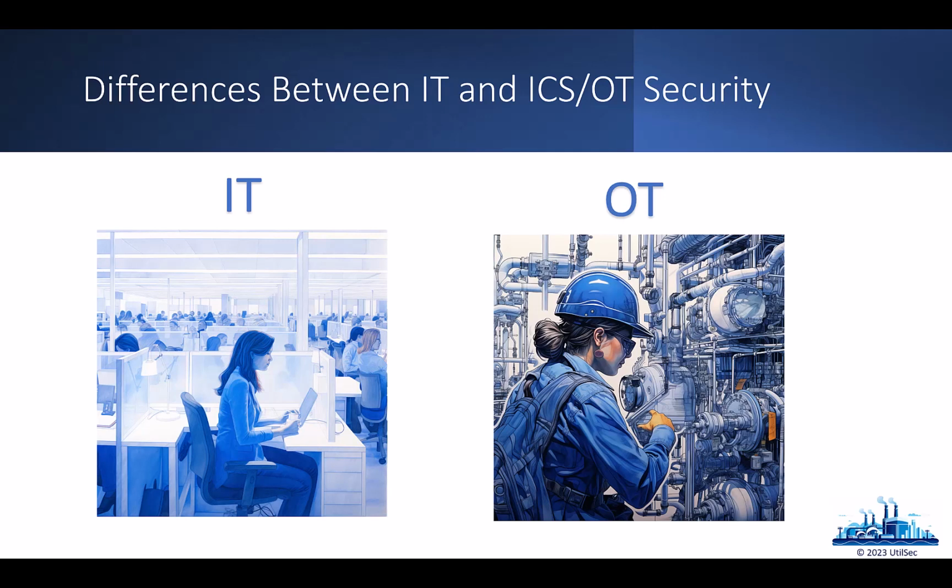In ICS or OT environments, it's very different when you think about, let's say, a power plant. And maybe I'm sitting in the operations center for that facility, and that might feel safe, but there's always a chance of something going wrong at that facility, right? There's much higher risk of danger.